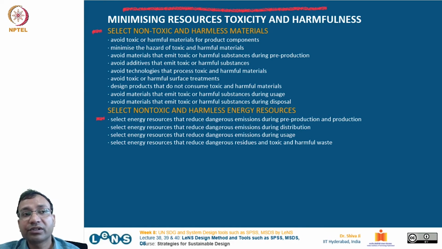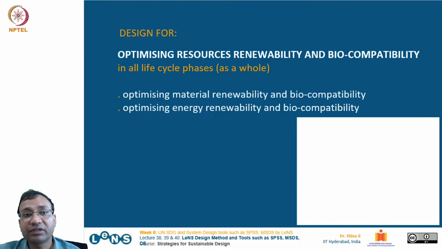So select energy resources that reduce dangerous emissions during pre-production and production stages, during distribution, during usage, and during the end of the life cycle, reducing dangerous residues and toxic and harmful waste. So these are the stage approaches which could be utilized for reducing toxicity and waste.